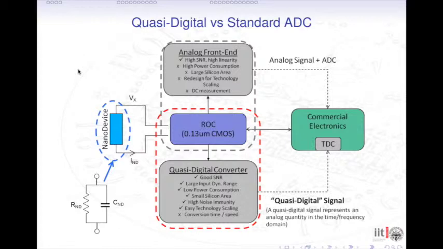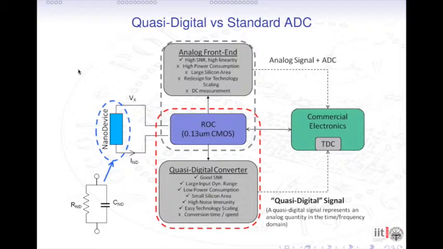We can distinguish two main approaches. One is the traditional approach, so convert nanosensor currents into voltage and then convert it to a digital value on n bit.